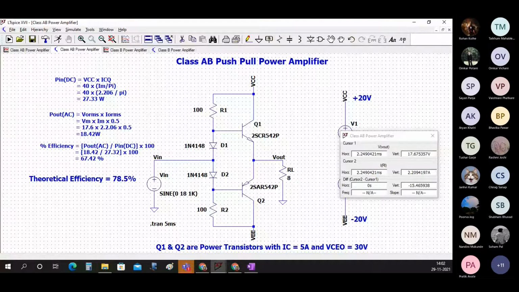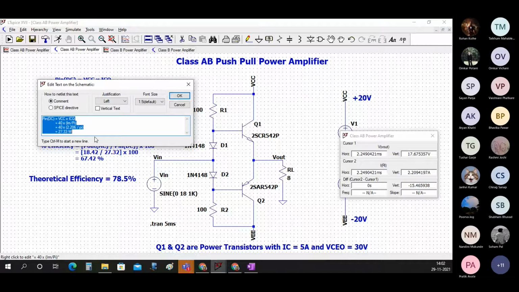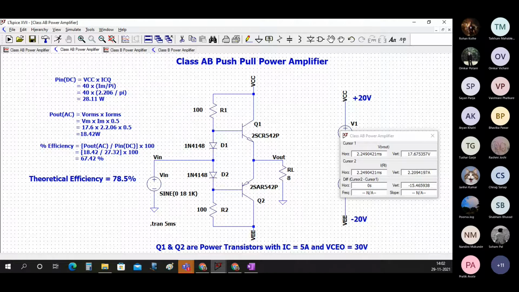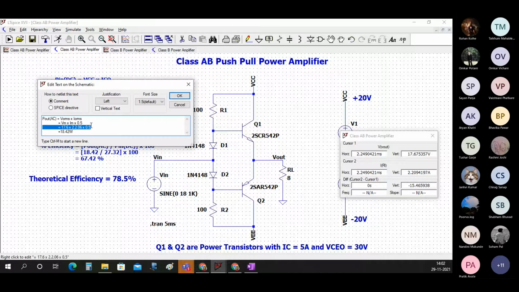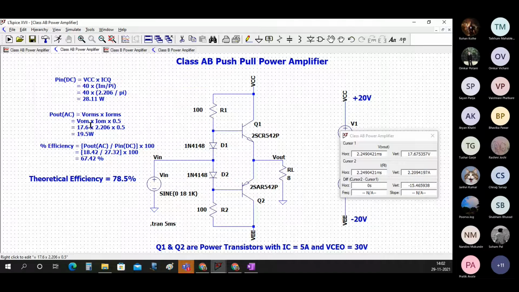So just tell me what are going to be the values. So I think this becomes 28 point something. (19.5x), and the efficiency would be AC upon DC.